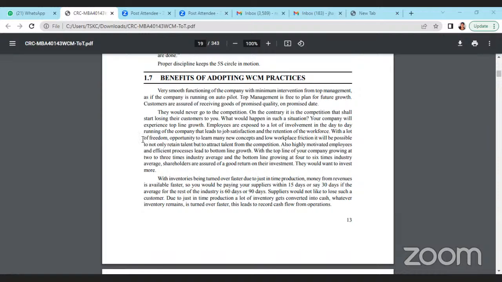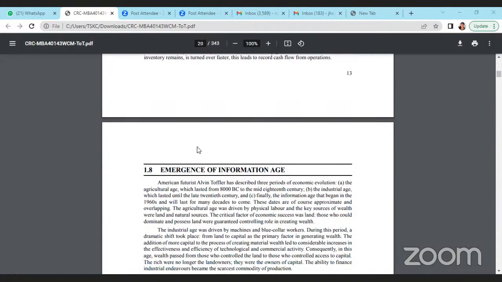And suppliers paid within 15 or 30 days, when the industry average is 60 or 90 days, would not like to lose such a customer. Why? Because they are getting more and more production, they are able to convert it into cash, and whatever remains left over gives faster cash flow from operations.